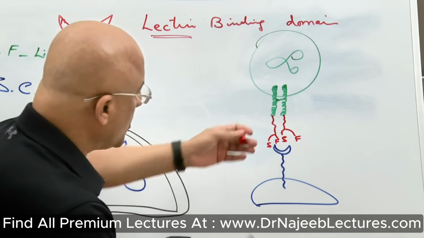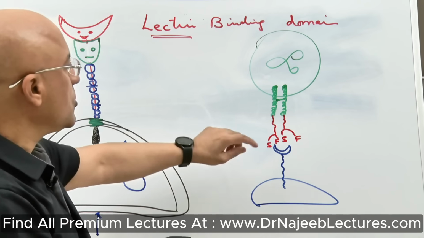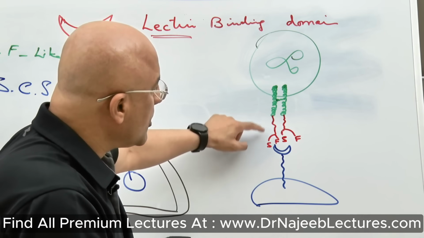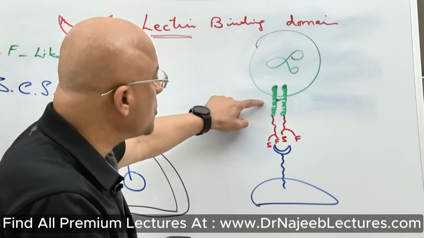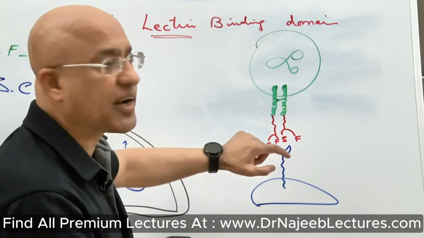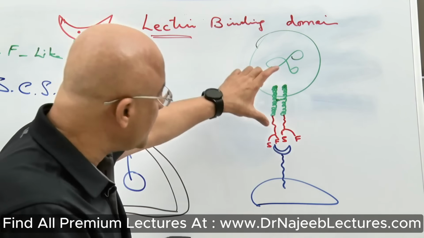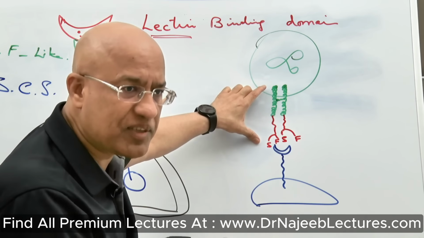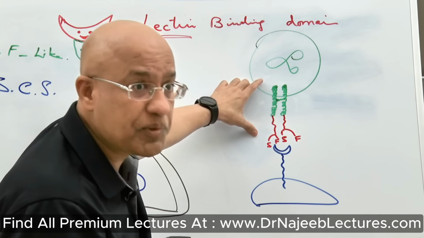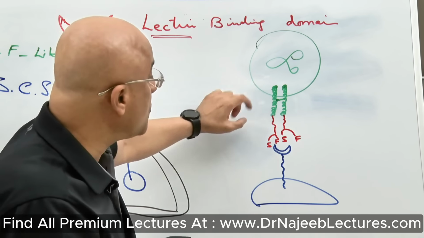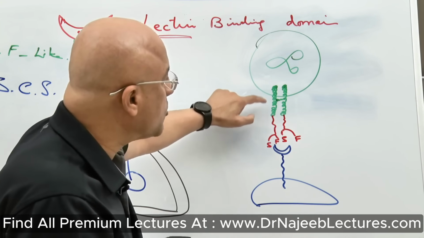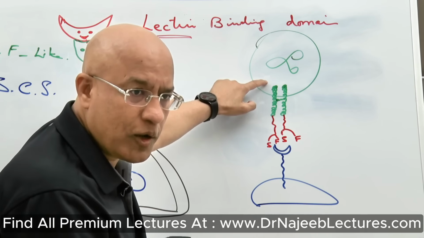Now this molecule, in simple words, what should we call it? In very simple words, we should call it the counter receptor for P-selectins, right? This whole structure is the counter receptor for P-selectin, or we can call it the ligand of P-selectin, or when we say biochemically, this is a glycoprotein expressed on the leukocyte.